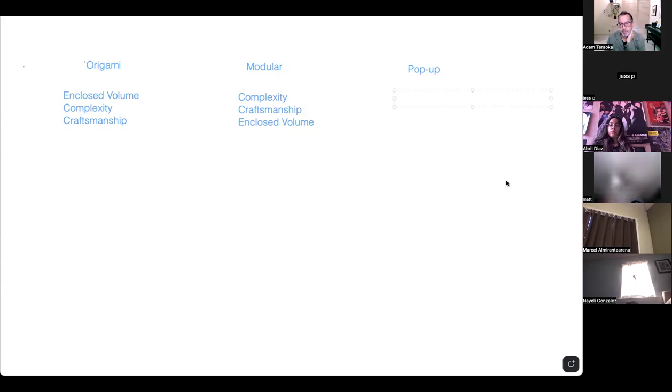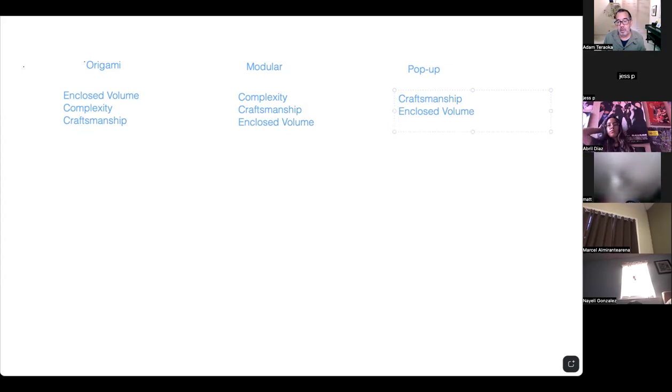Okay. For the pop-up, this is very simple: I'll look at craftsmanship first. Craftsmanship and then enclosed volume. This is a little tricky on the pop-up, but I'll explain that too.